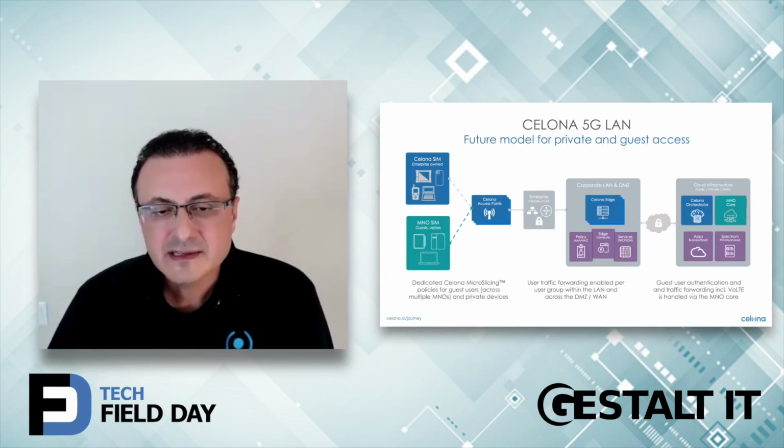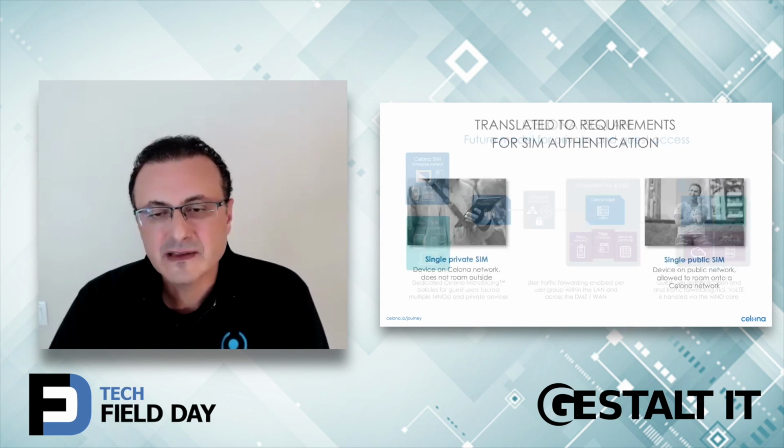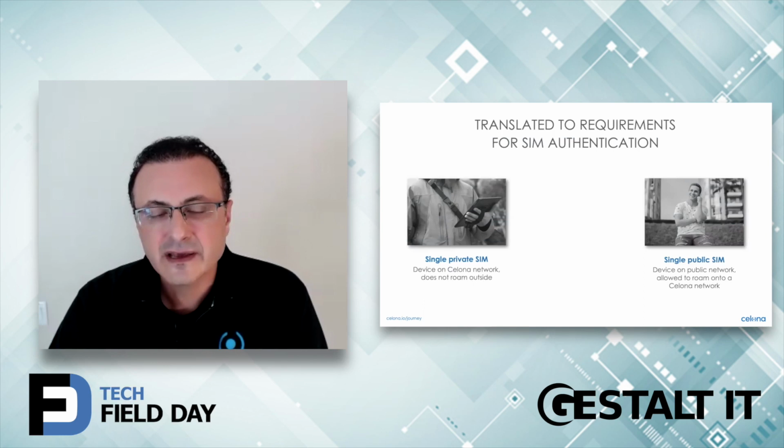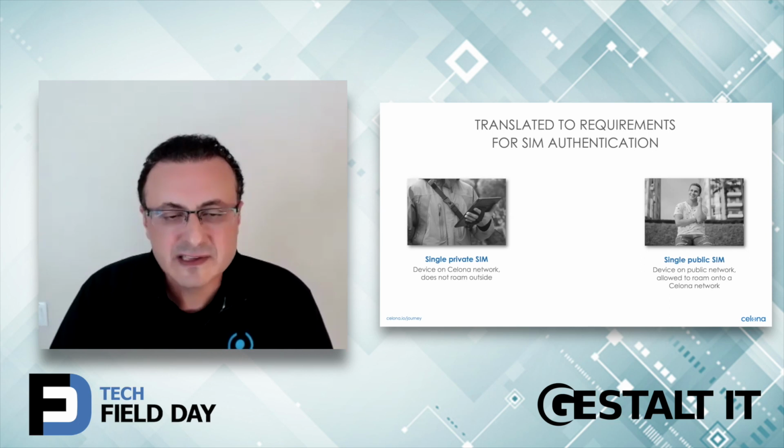And one question is, okay, what does it really mean from an end device perspective, right? So here I'm just basically showing that you will have different types of devices in a 5G LAN network, right? On the left side, I'm showing devices that have a so-called private SIM, right?